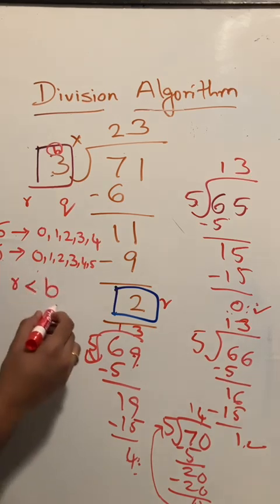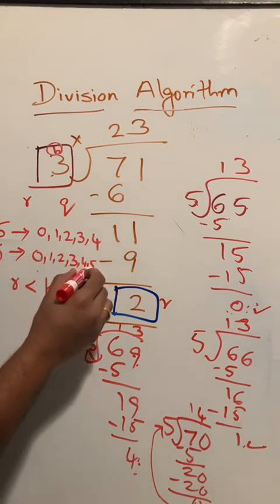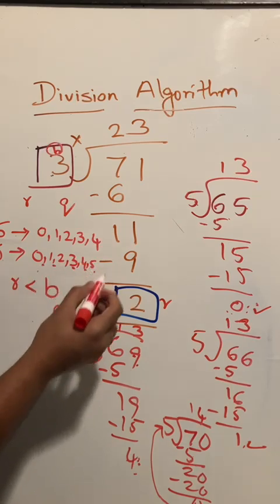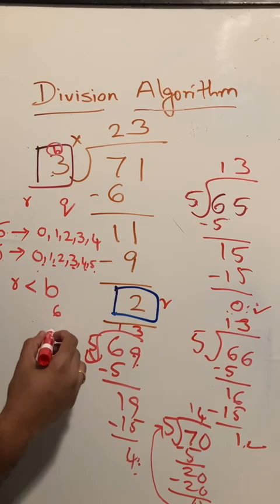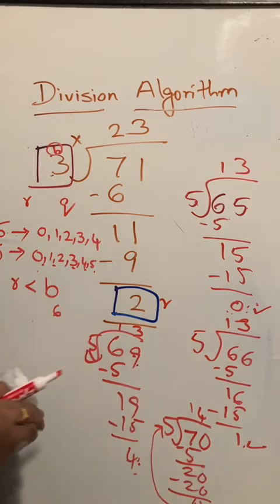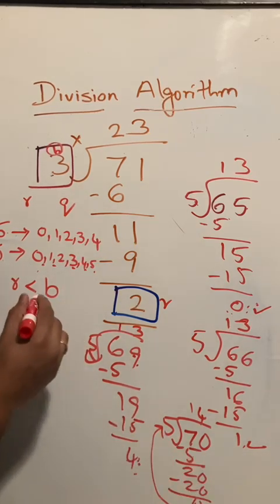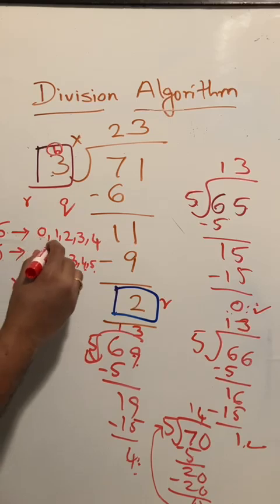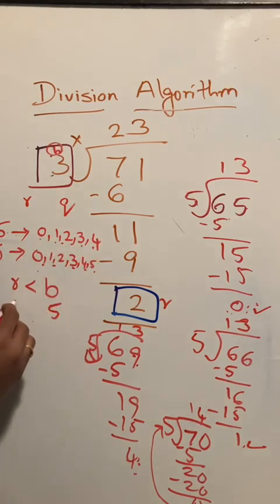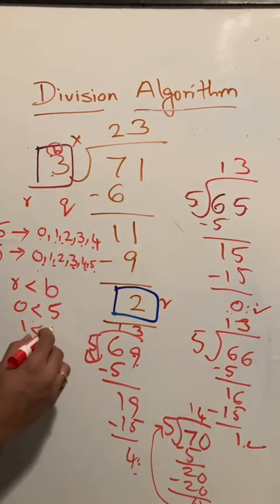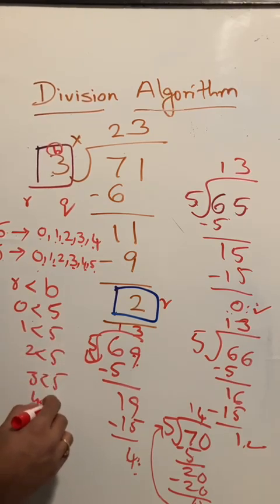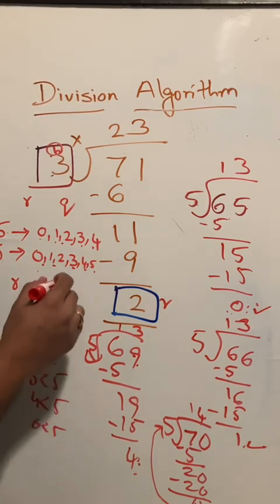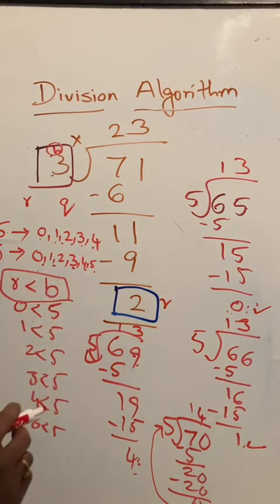You see, if B is 6, R is always less than 6. True. If you take 5, the B value is 5, then all the remainders are less than 5: 0 less than 5, 1 less than 5, 2 less than 5, 3 less than 5, 4 less than 5. Again 0 less than 5. So always R less than B only.